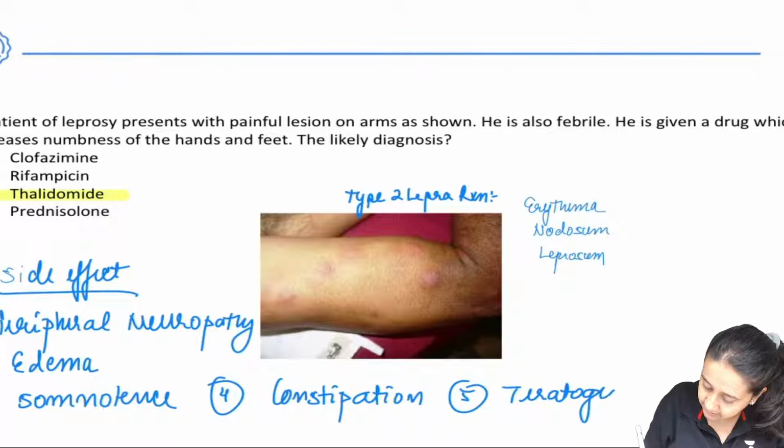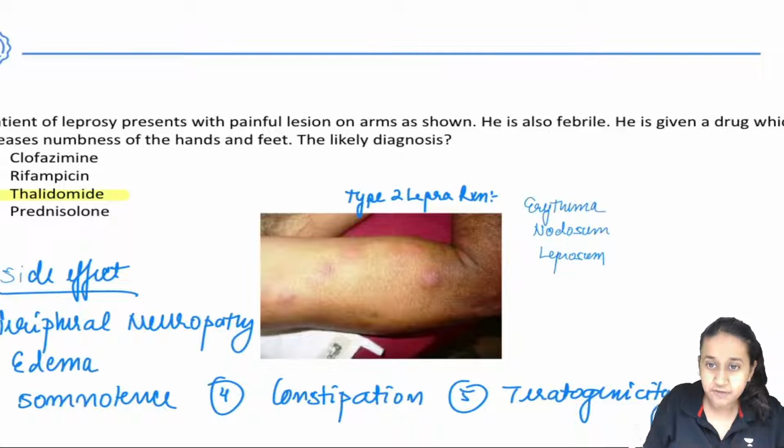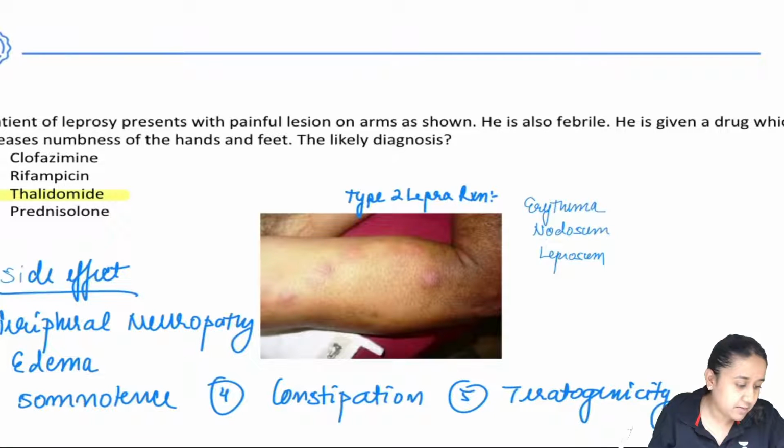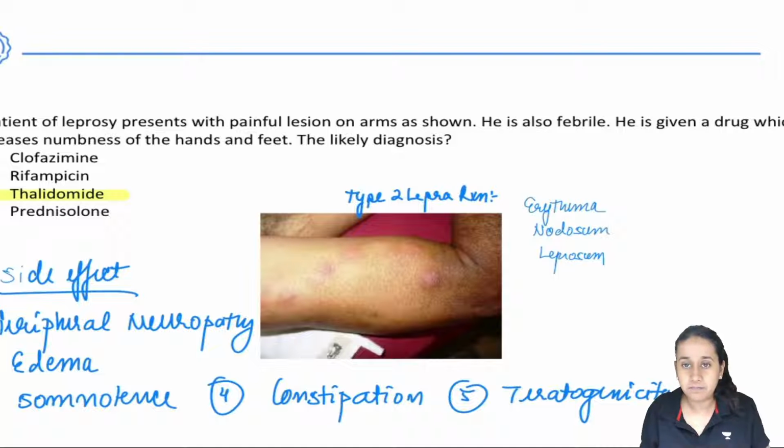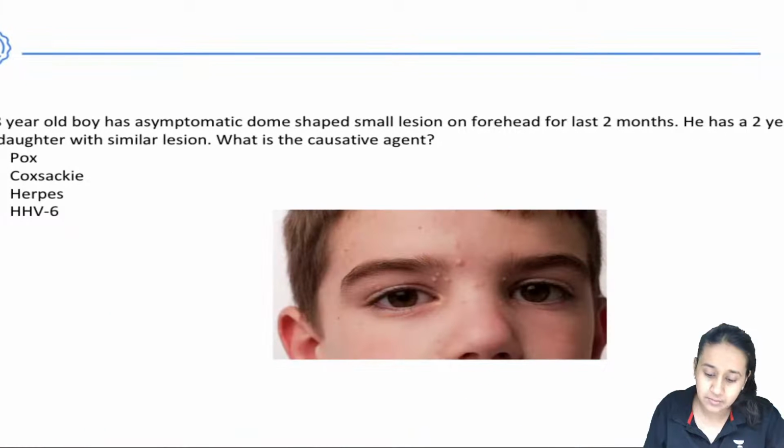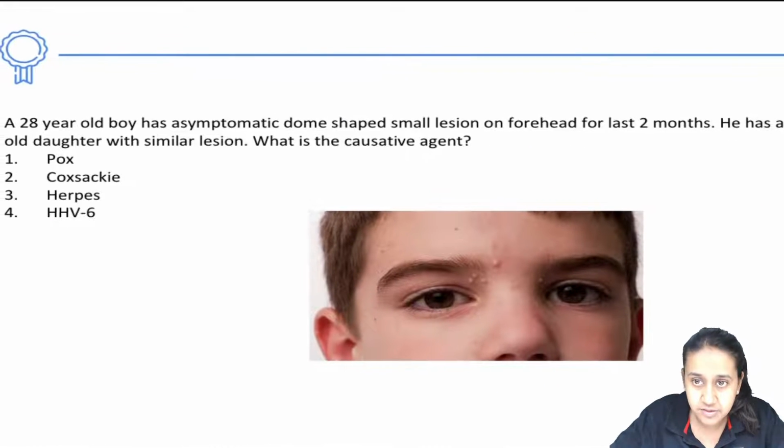These are some of the side effects of thalidomide therapy. So please remember, this is a patient with a very classical erythema nodosum leprosum reaction. Next question.